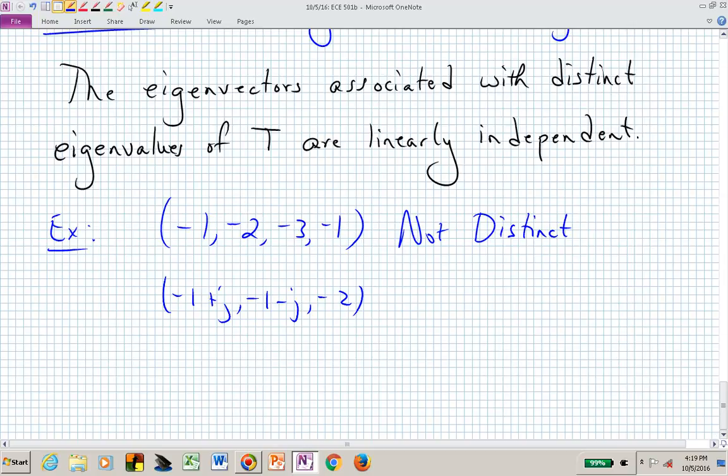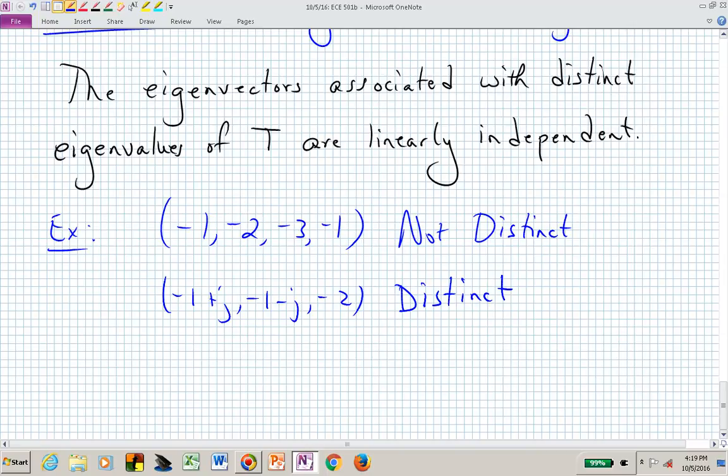Distinct or not distinct? Those are distinct. They're conjugate, but if you plotted those in the two-dimensional complex plane, those points which are representative of the eigenvalues are not on top of each other. So that's what I'm meaning by distinct eigenvalues.